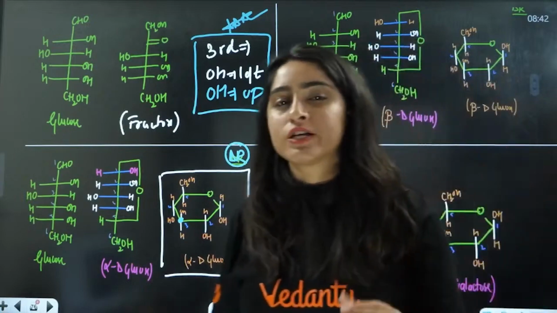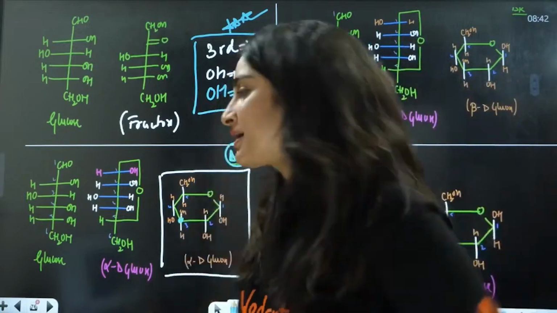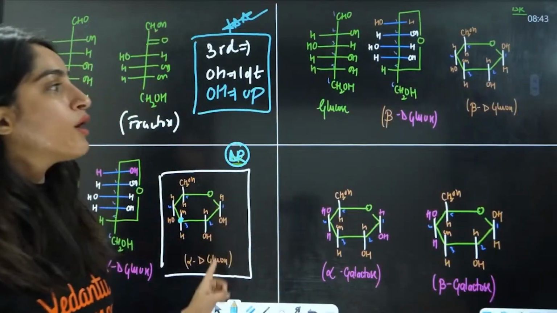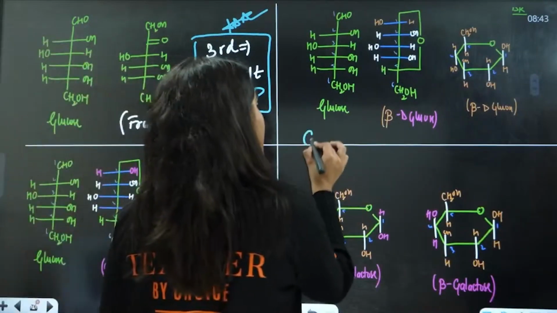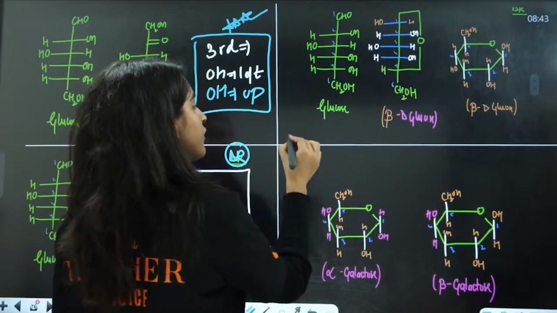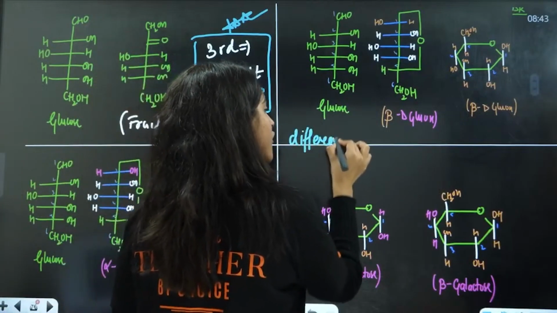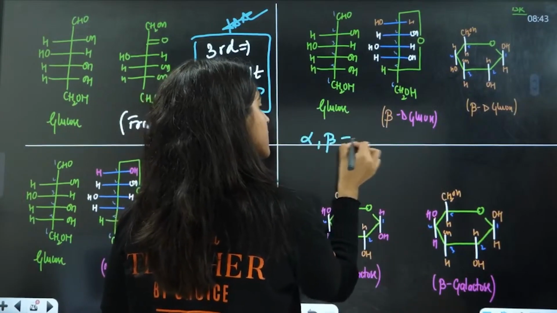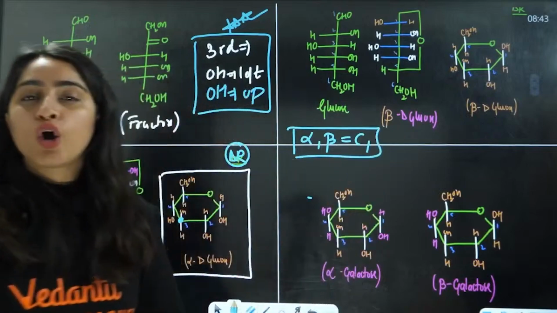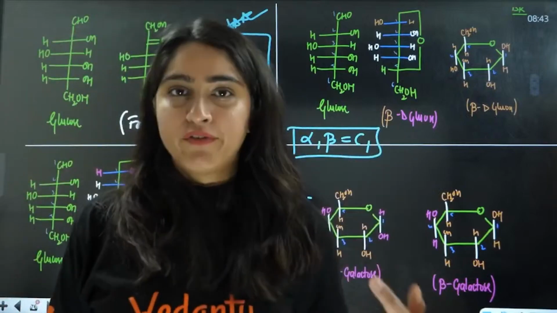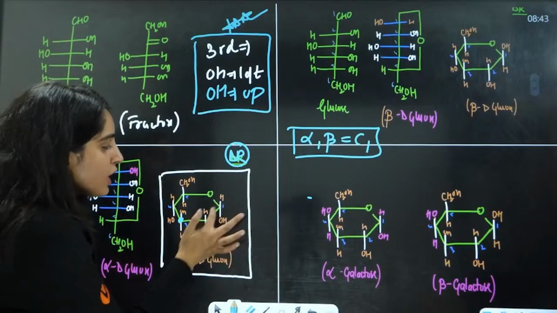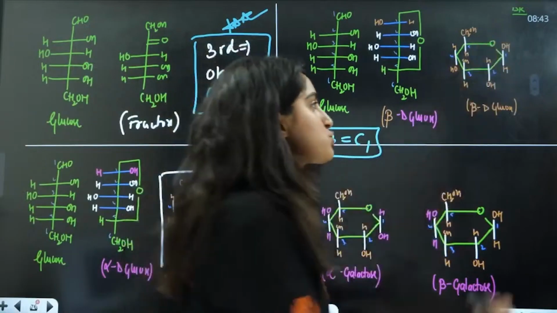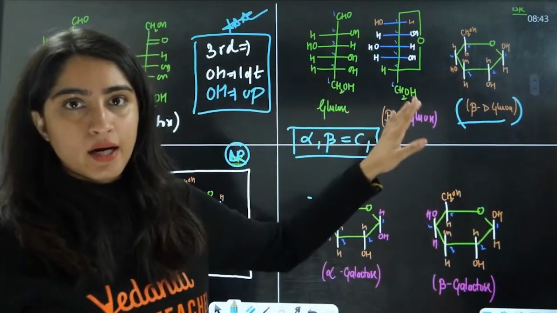The fifth position will always have the larger group above, that is CH2OH above and H below, because there is no OH there. In the case of beta, the difference is at C1. For alpha and beta, C1 is always different. In alpha, C1 has OH on the downside; where C1 has OH on the upside, that is beta-D-glucose.